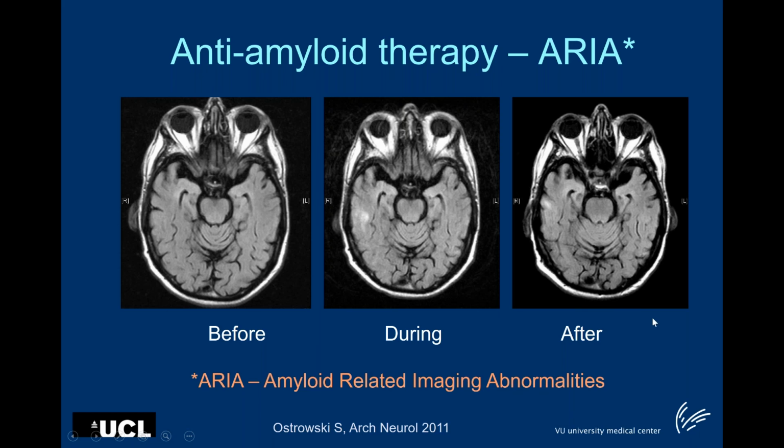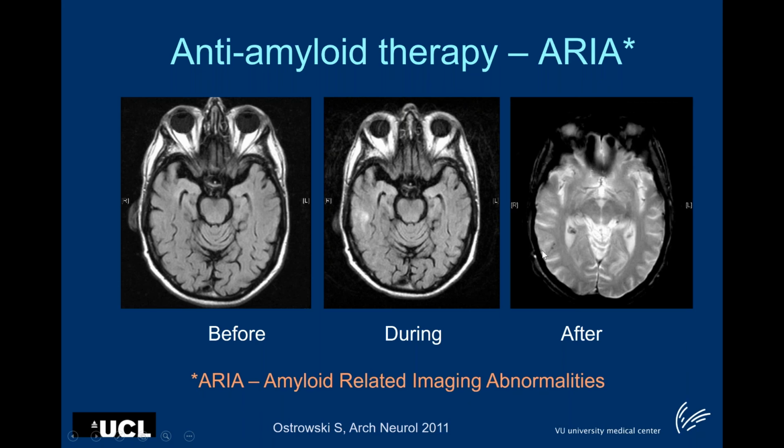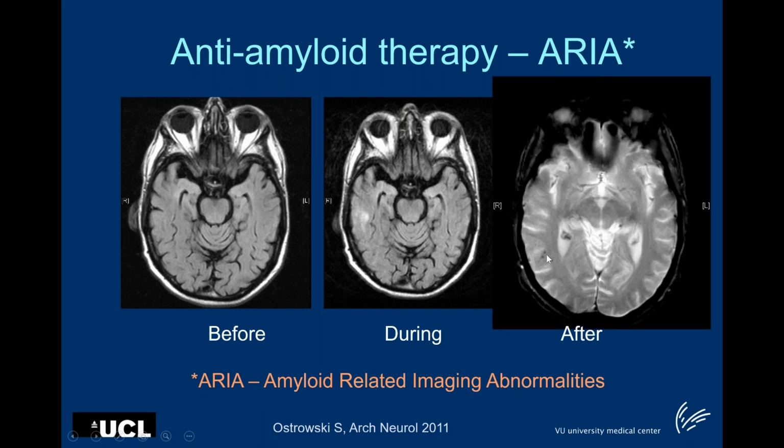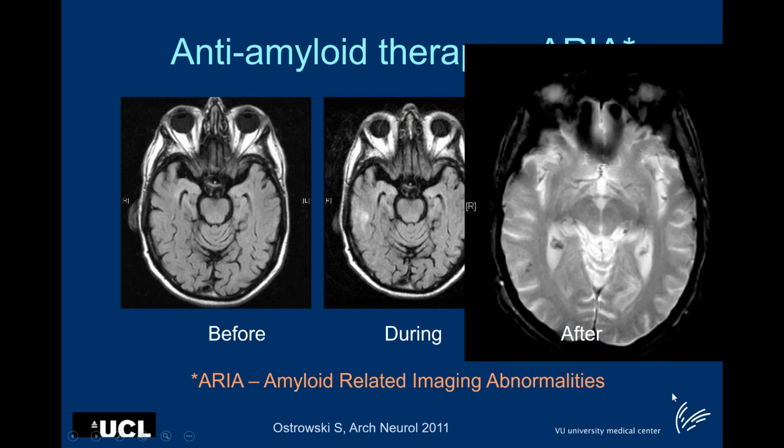We call this ARIA, amyloid-related imaging abnormalities. Interestingly, in this same location, this patient then developed microbleeds, which he hadn't before. And as we've seen previously, these microbleeds we also find incidentally in sporadic Alzheimer's disease, related to amyloid in the blood vessels, which then cause damage in the vessel wall and make it more fragile.